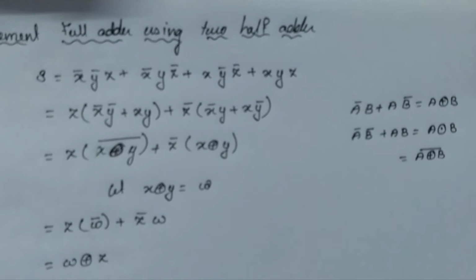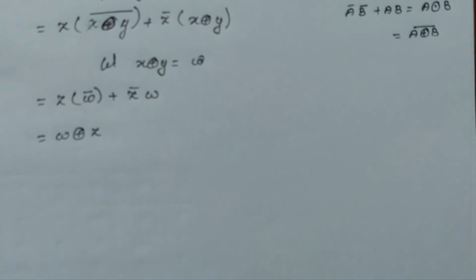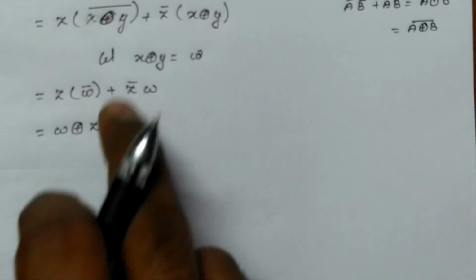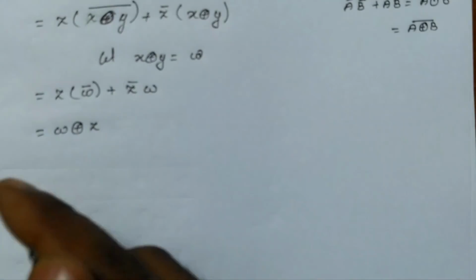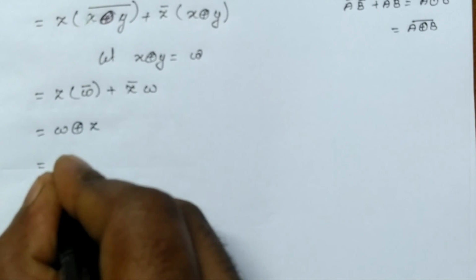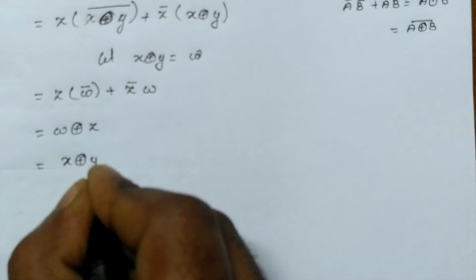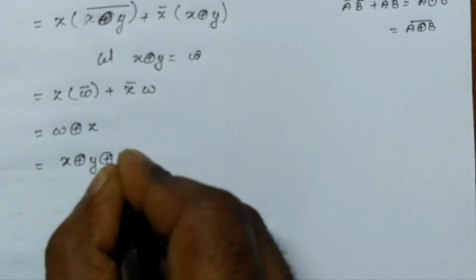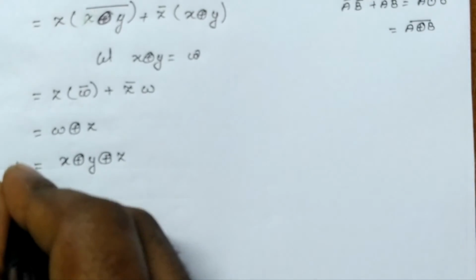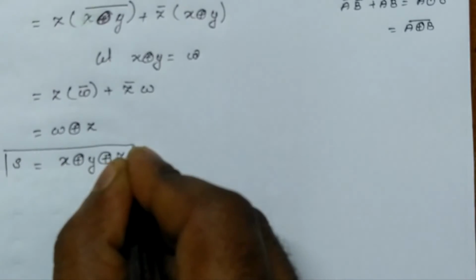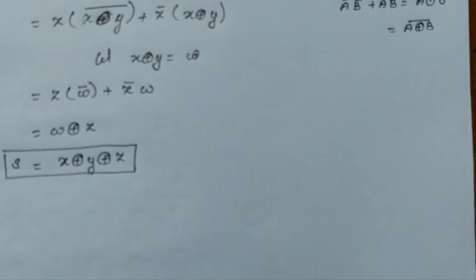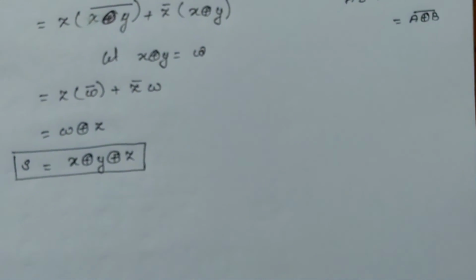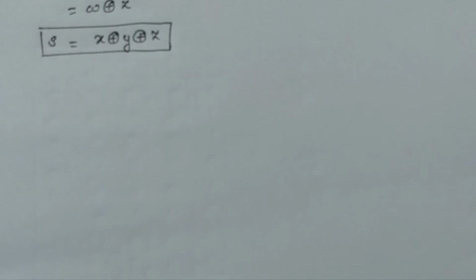Here already we have considered w is equal to x XOR y. Therefore we are replacing it. Therefore x XOR y XOR z, which is nothing but sum.